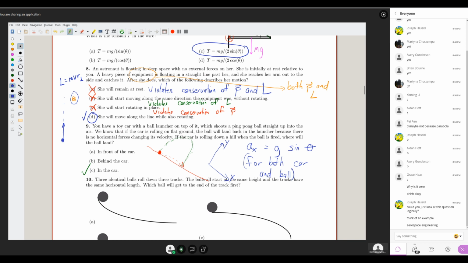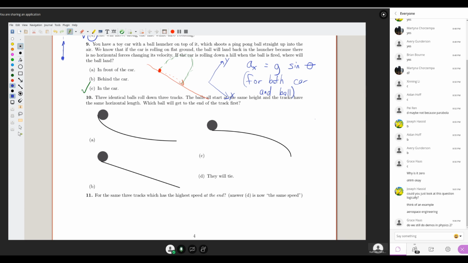So both of them have the same acceleration in x, so both of them are going to have the same x coordinate as a function of time. That one's a little bit tricky to know that you need to think that way unless you remember what we did in class.